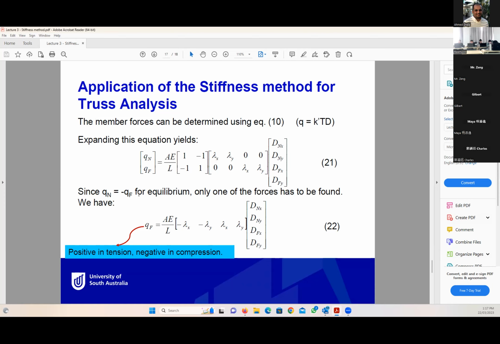Negative lambda x, negative lambda y, lambda x, lambda y is the product of the two matrices from the previous step, which is k' times T, and dnx, dny, dfx, dfy is the global displacement vector. Do you have any question for this one? I will go back to this step again, just to explain it to you.